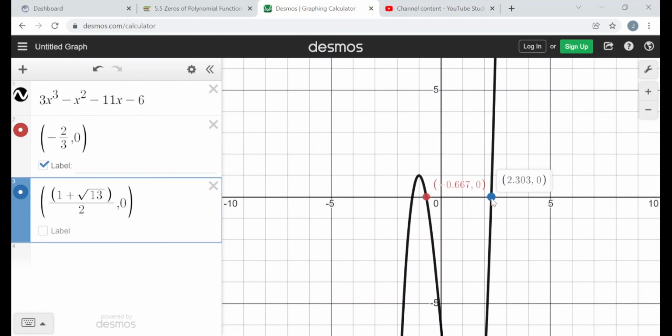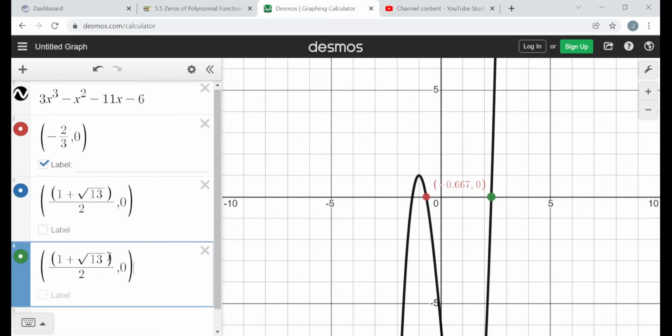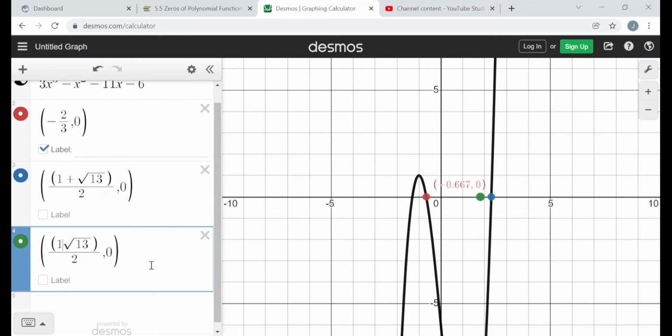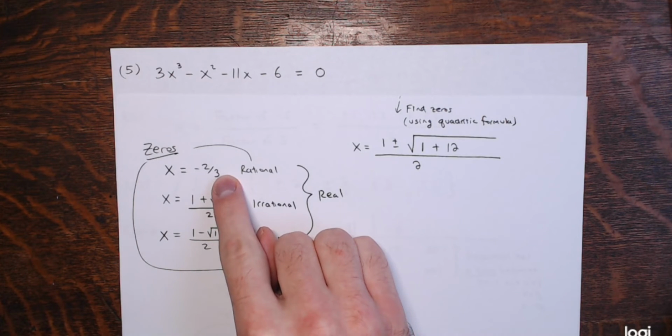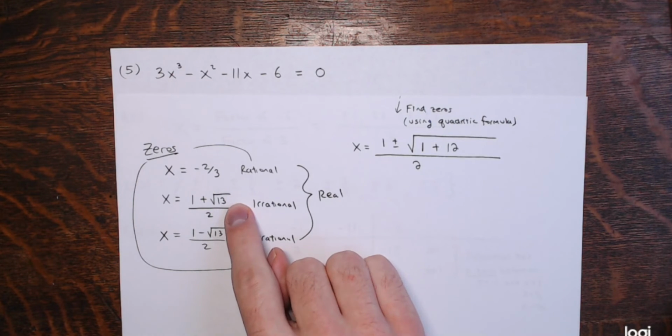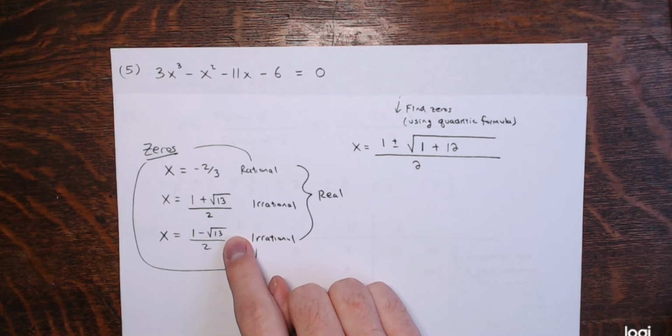That's that 2.303. And then the other one, I'll just copy and paste this here and change the plus to a minus. 1 minus the square root of 13 over 2, comma 0. That's this green point here, the negative 1.303. Again, they're rounded to 3 decimal places. But yeah, our intercepts, our zeros are correct. These 3 real zeros are negative 2/3, 1 plus the square root of 13, all divided by 2, and 1 minus the square root of 13, all divided by 2.